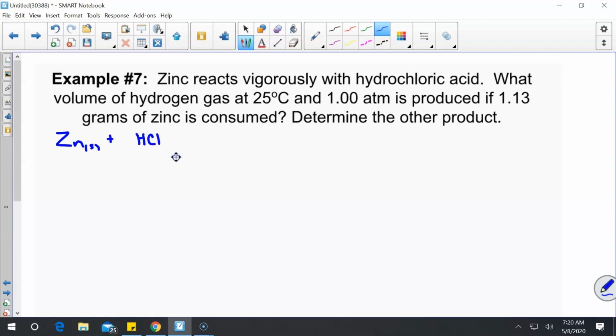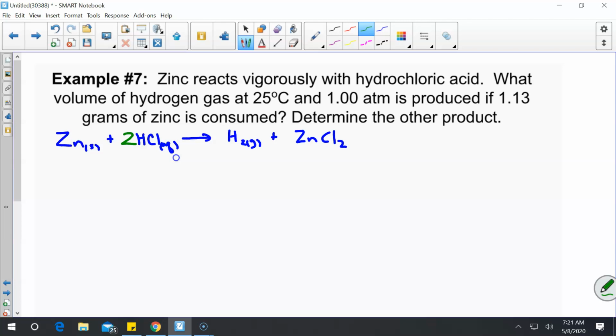This is what I did use in my lab video, aq, yields hydrogen gas plus zinc chloride. I need to balance my equation. So to balance, I need this. And there's my equation written out.